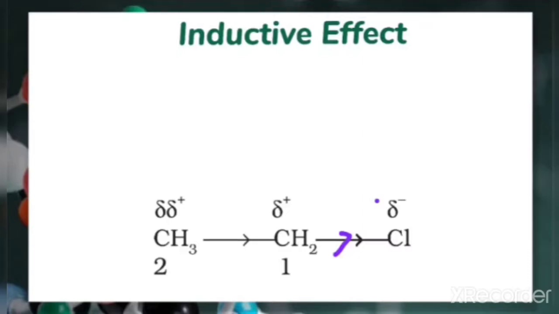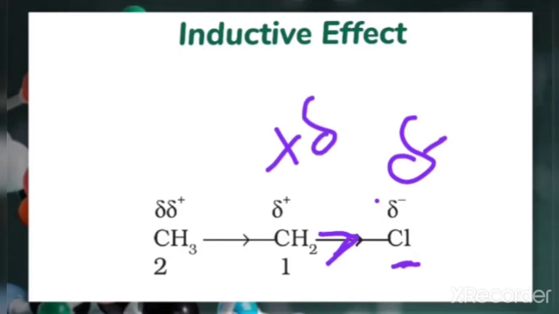The shift of the electron density is shown by an arrow. You can see an arrow showing the shift of electron density towards Cl. That means the electron density is shifting towards Cl because Cl is more electronegative, so the arrow points towards Cl. The fractional charge is represented by delta negative on Cl and delta positive on carbon, and the shift of electron density is shown by an arrow.